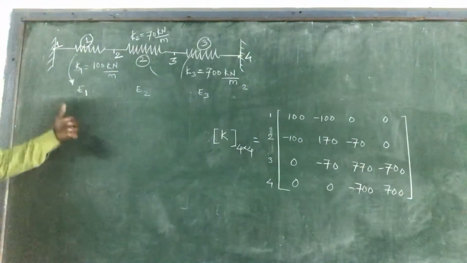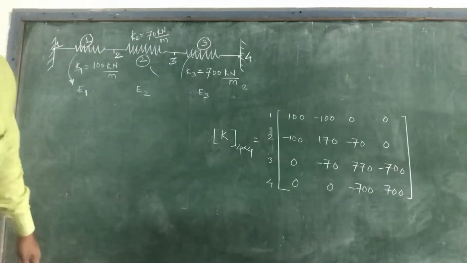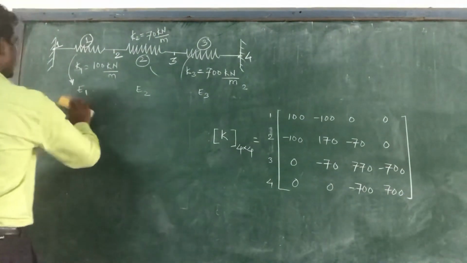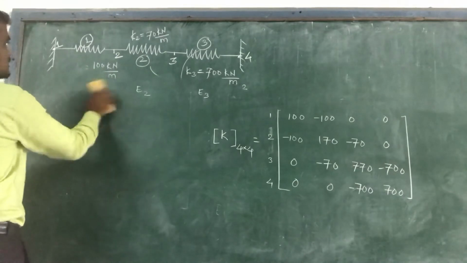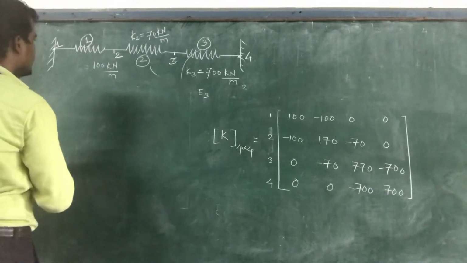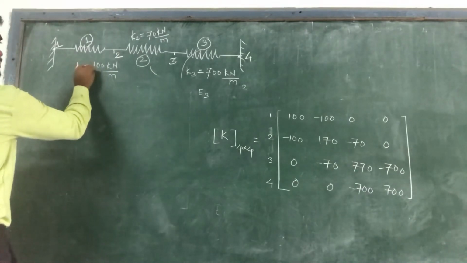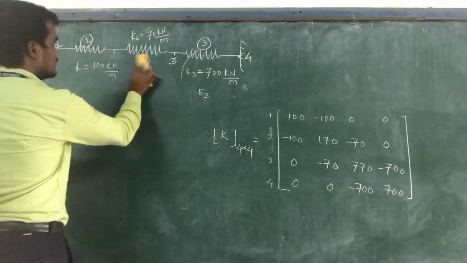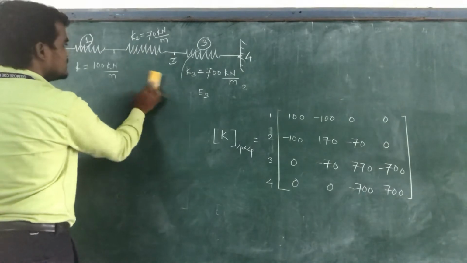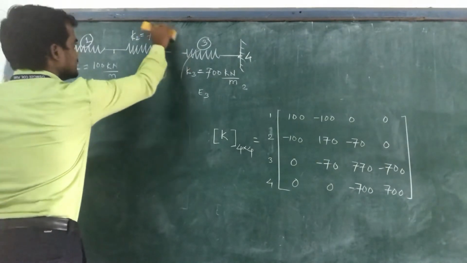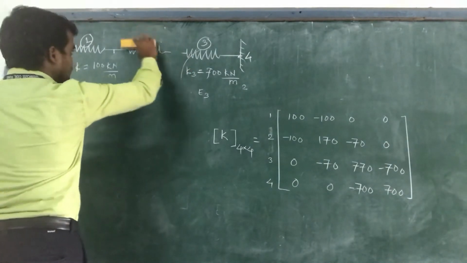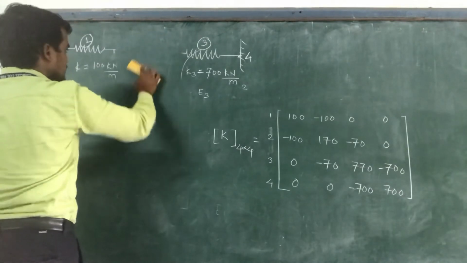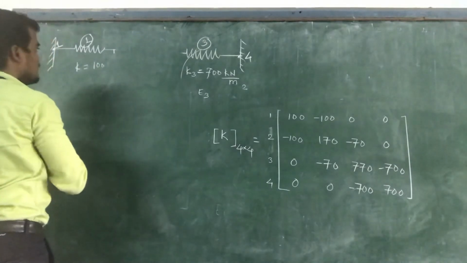Now we will take another example. Okay, so this is one example. We will take another example. Same example is there. Suppose 100 kilonewton per meter. Only I will change the spring system here.